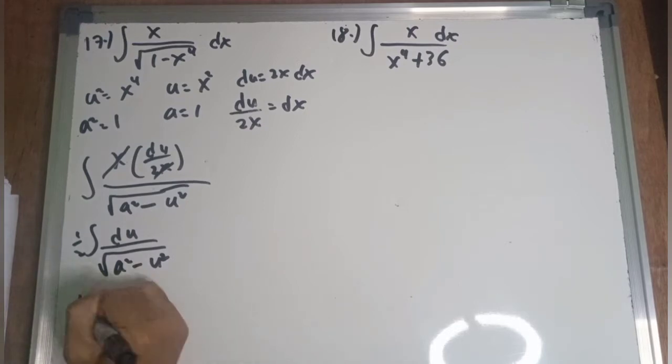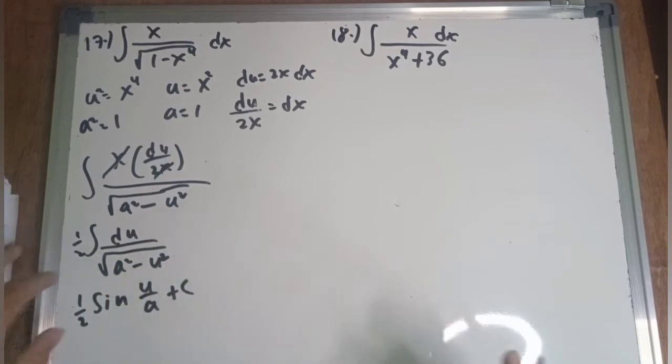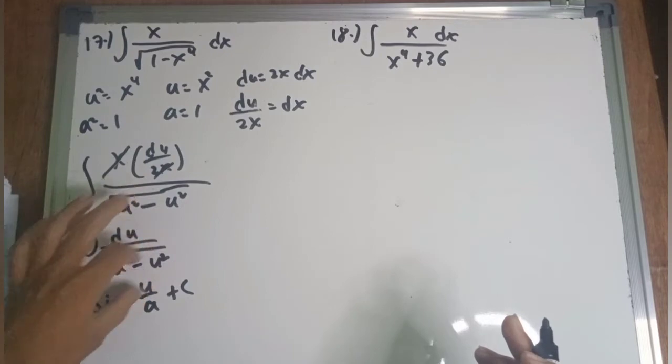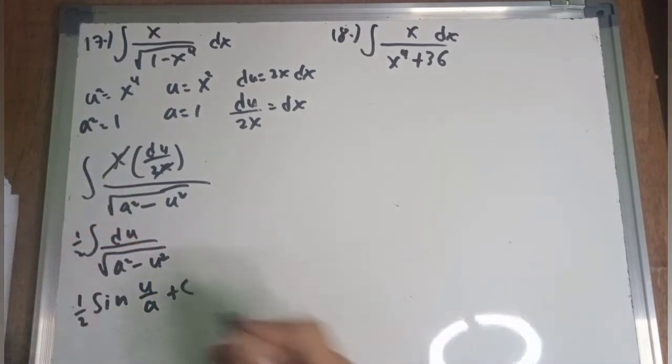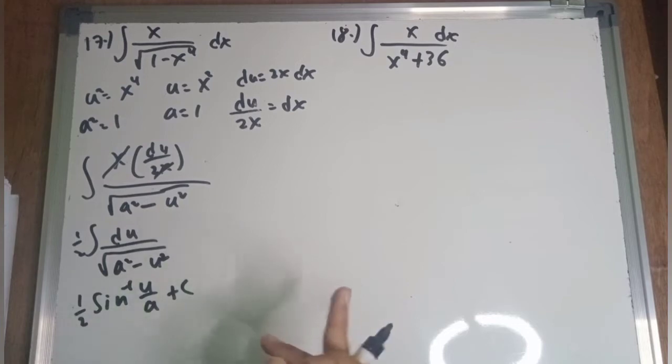So that is 1 over 2 inverse of sine u over a plus c. The formula of the inverse of sine is u over a, but the 1/2, as a property of integral, is multiplied to the formula. This will become 1/2 inverse of sine u over a plus c.